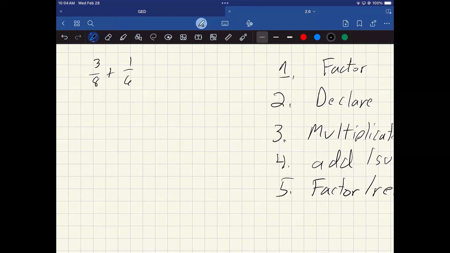I believe that's what I was first taught to do this. I was taught, okay, look here. 6. Okay, I see 6. Here. 8. I see. Now find what they have in common.